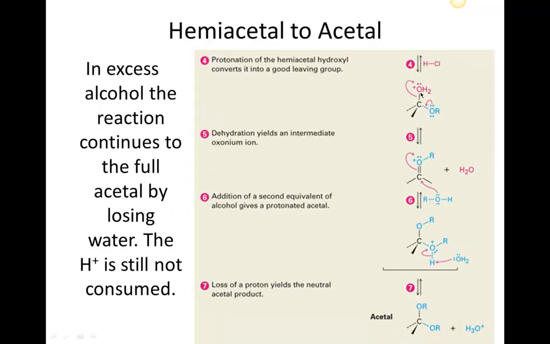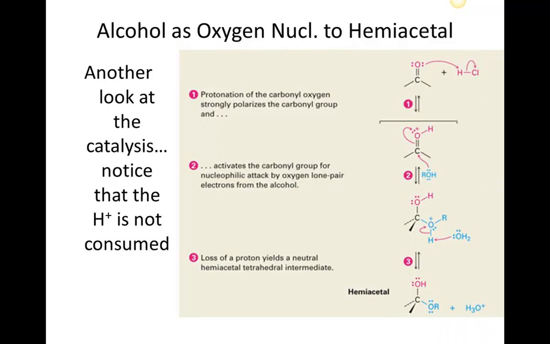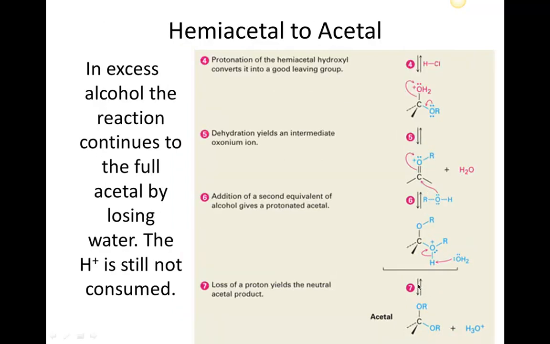If you have excess alcohol, more than 1-to-1 ratio, then it can, in the presence of this acid, protonate the oxygen. Now, let me go back to the previous slide again. If we take off this proton, okay, we get to here. We now put the proton back on and put it here.